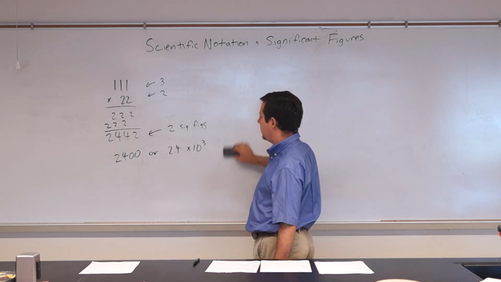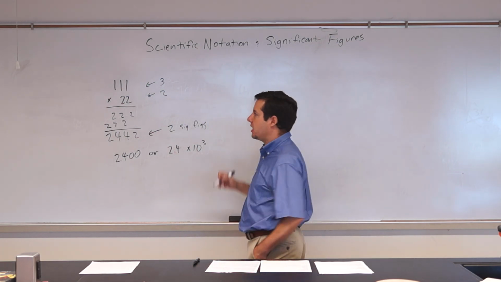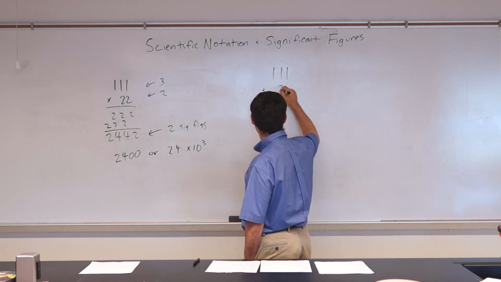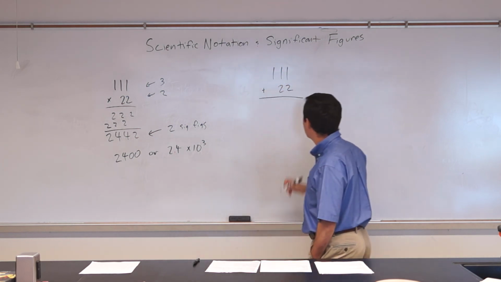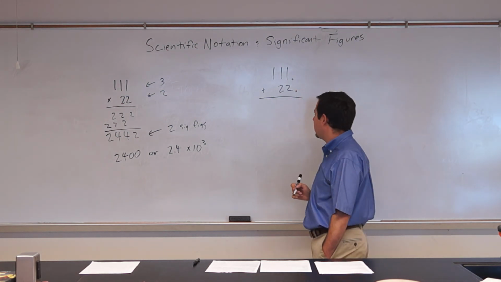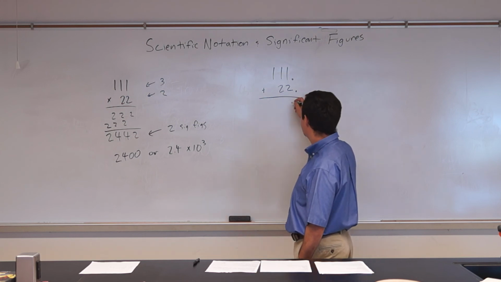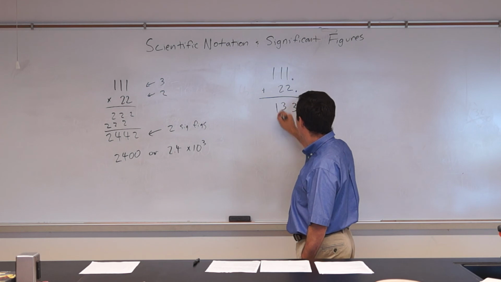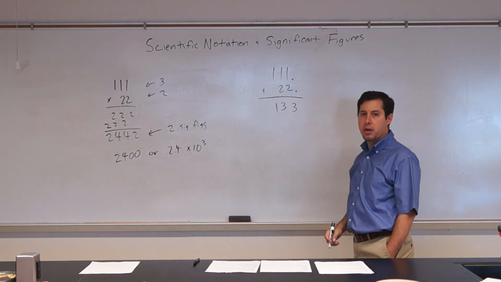When adding numbers together, you've got to look at the decimal point. So if we add 111 plus 22, you want to really look at the number of sig figs before and after the decimal point. So 111 plus 22, they end in the same place, so the answer is 133.